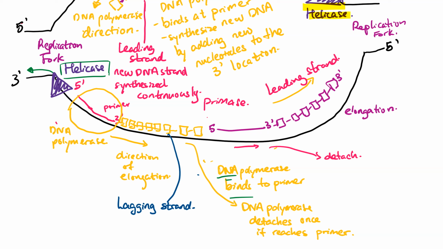DNA polymerase detaches, and now we have to replace this primer over here because the primer is made of RNA. Right? This primer is made of RNA. So another DNA polymerase is going to come in.